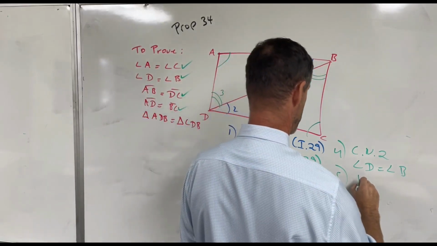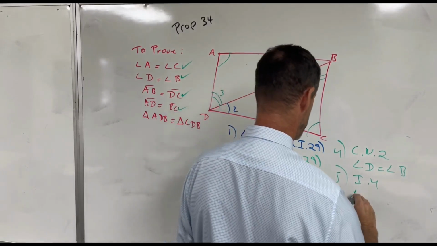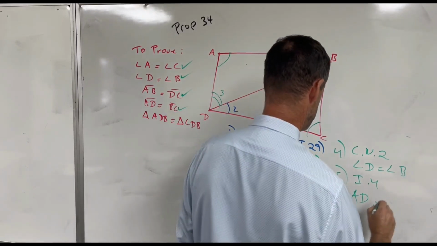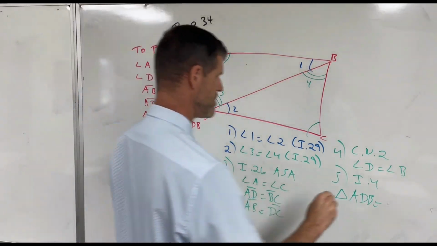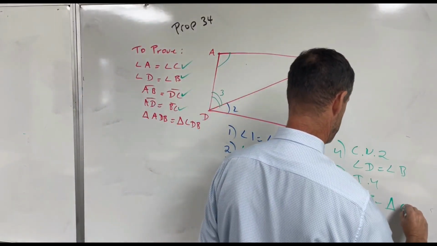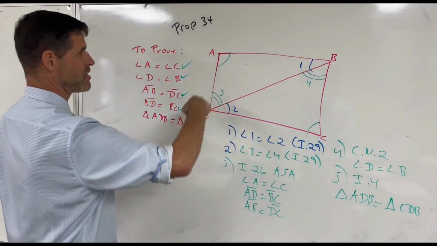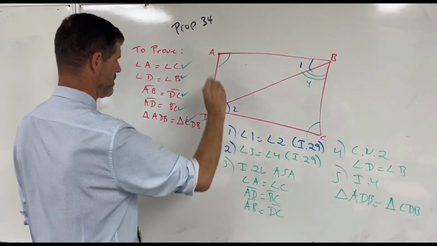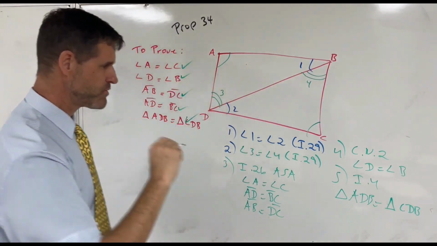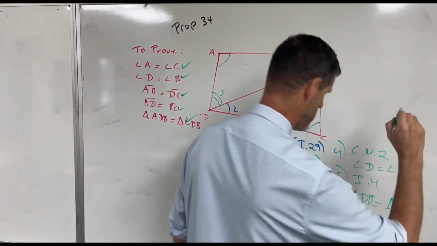So we can say via prop 4 that the triangle ADB is equal to the triangle CDB, which means that we have bisected the parallelogrammic area with the diameter BD, which rounds out our to prove. So QED.